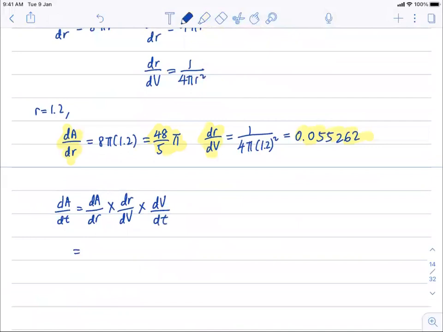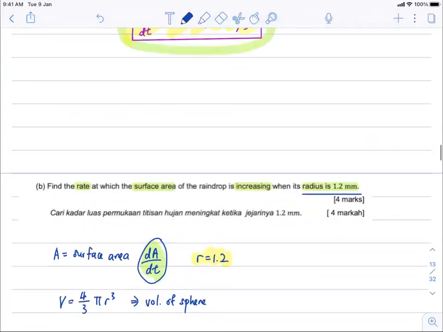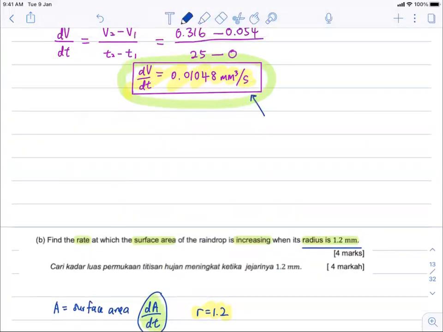Substitute in dA over dr, which is 48 over 5 pi, and then substitute in dr over dV, 0.055262, multiplied by dV over dt. dV over dt is this one, 0.01048.